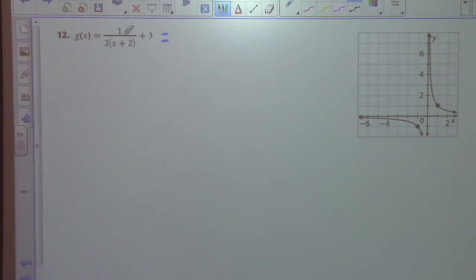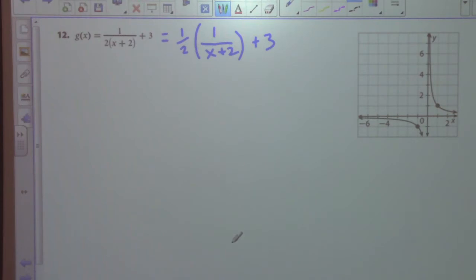This one here, number 12, you could rewrite this as 1/2 times 1 over x plus 2, and then on the outside here put plus 3.